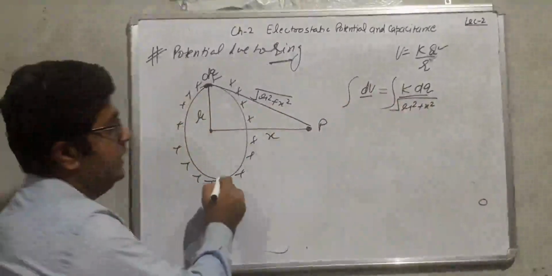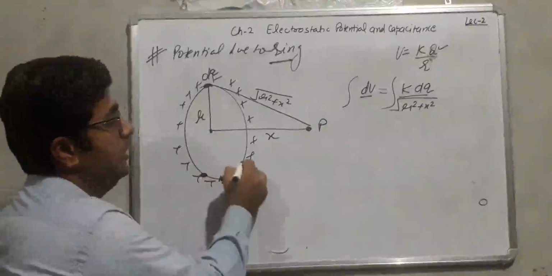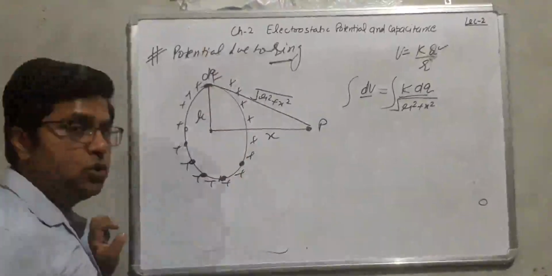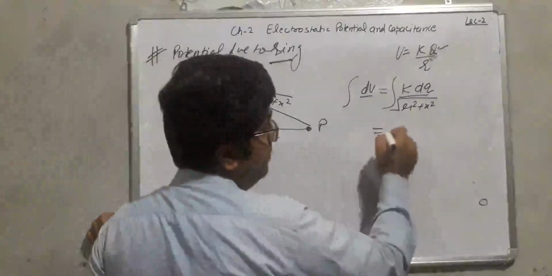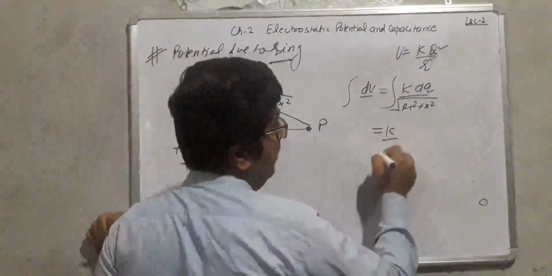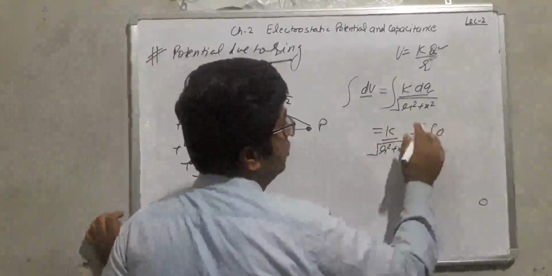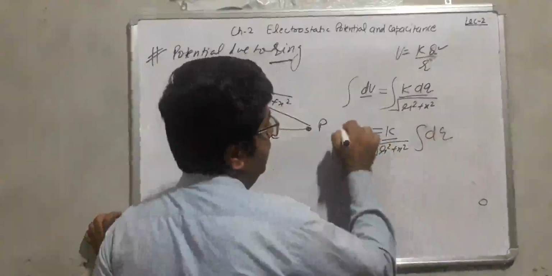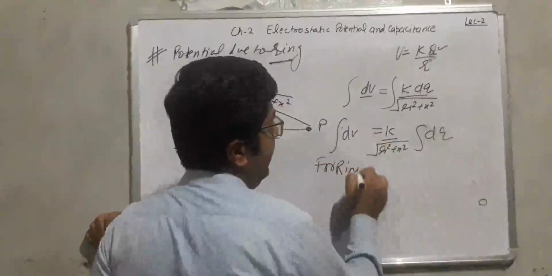Similarly, we can take a small length element over here, a small charge element, lots of charge elements we have taken, and then we just integrate it. So it becomes k by root of r square plus x square into dq is equal to dV for the ring.